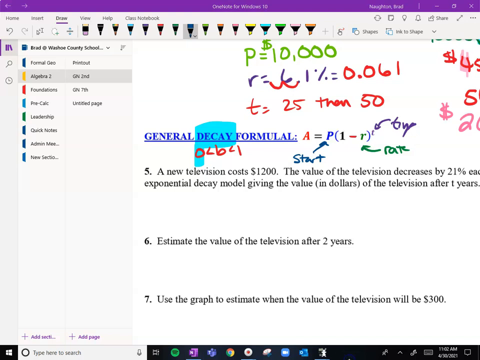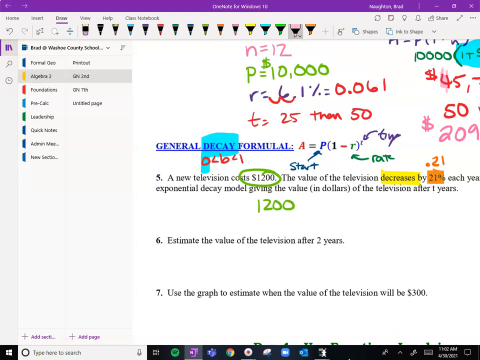So anytime it says decay, or if you see something like decreasing in value, that's when we would know we need to subtract. So we have a $1,200 television, and it's decreasing by 21%. So that's 0.21. And we're going to say after T years, because we're just writing the equation.